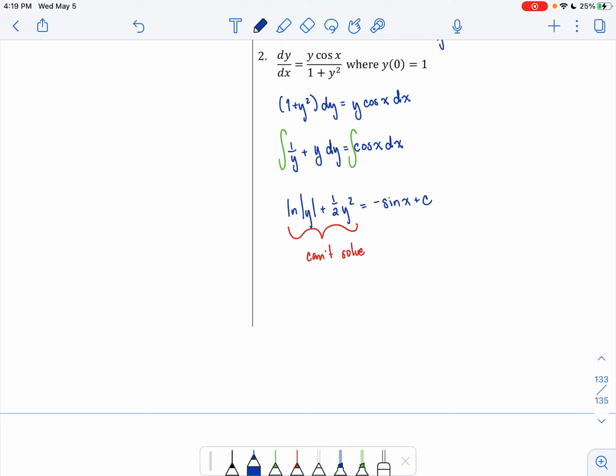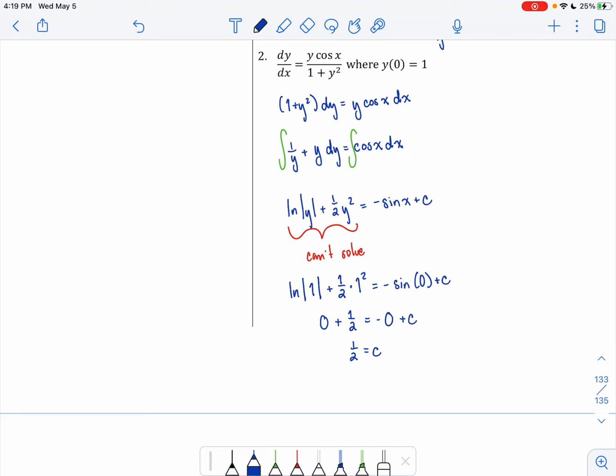Here we know that when y is 1, so natural log of 1 plus 1/2 1 squared, then x is equal to 0, plus c, like that. ln of 1 is 0, plus 1/2 1 squared is 1/2. Sine of 0 is also 0, plus c.